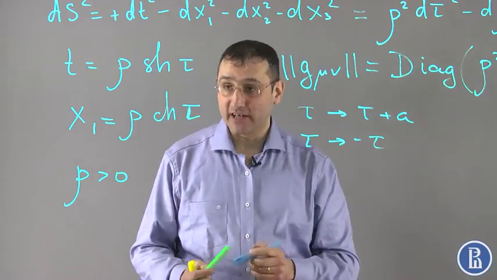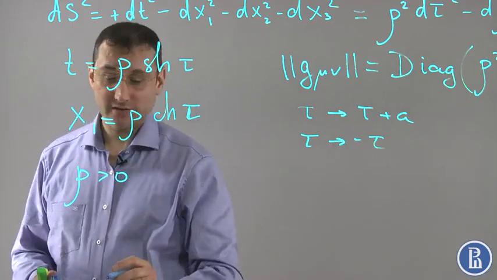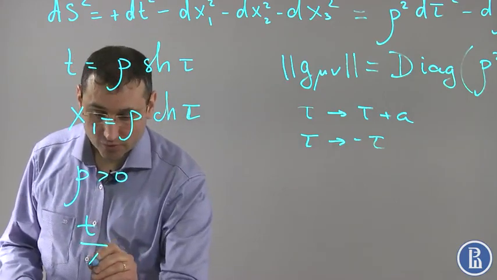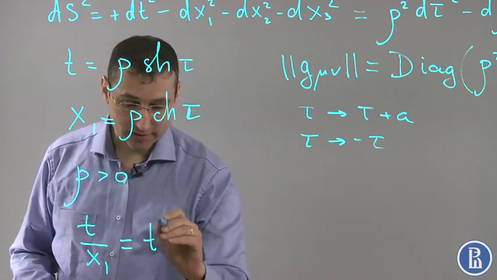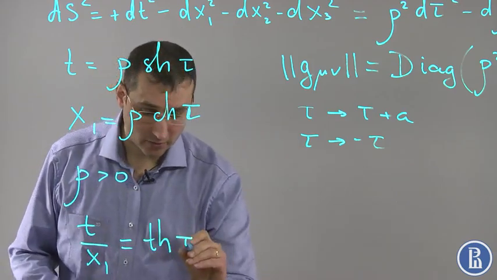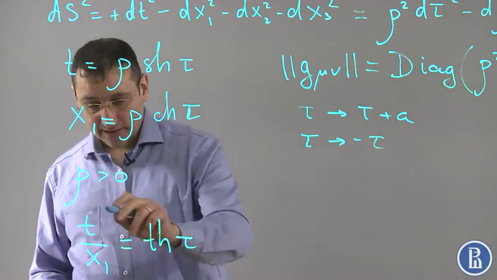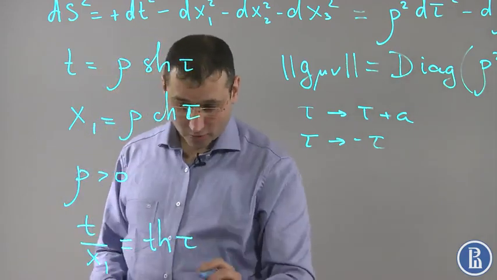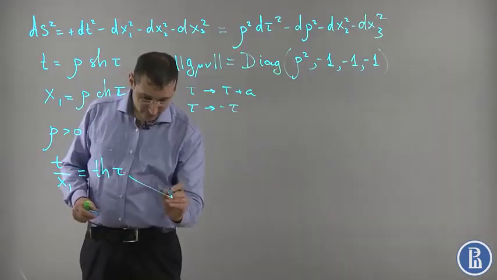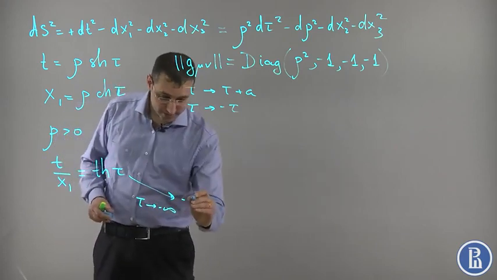Then one can see that if one divides t by x1, one obtains just the hyperbolic tangent of tau, which means that constant tau lines are just straight lines passing through the origin. As tau goes to minus infinity, this goes to minus 1.